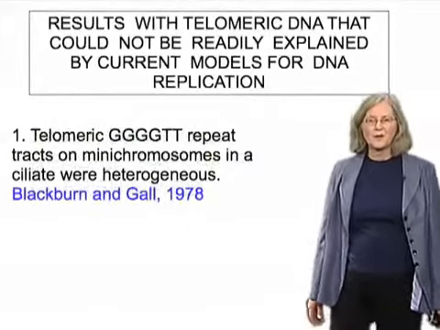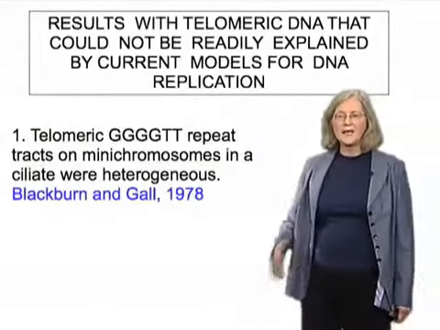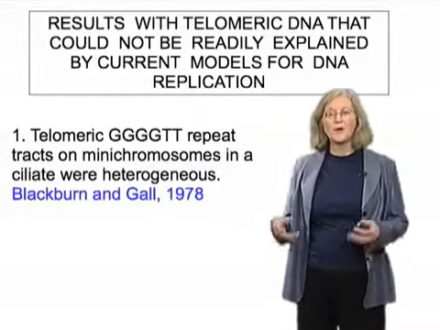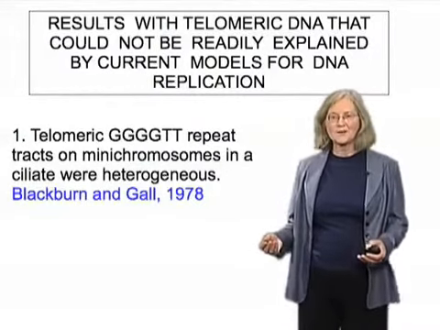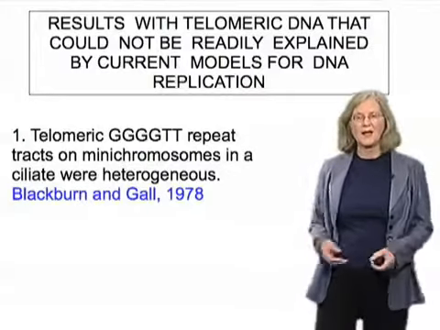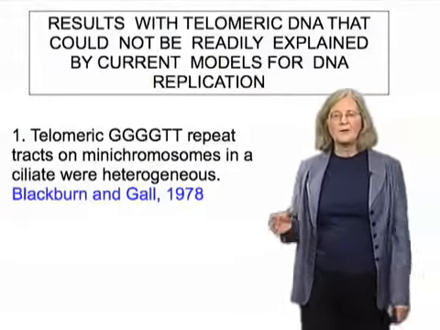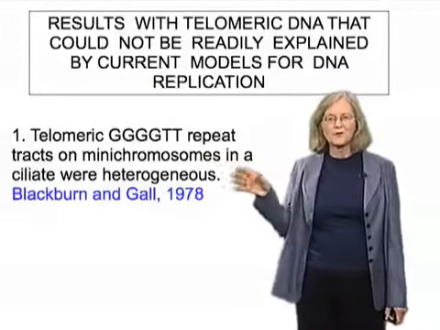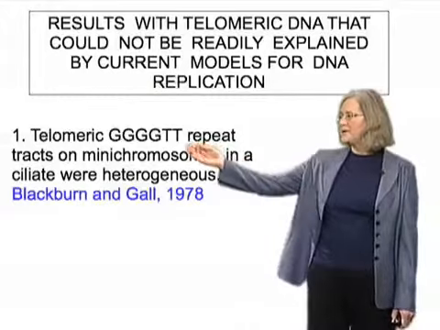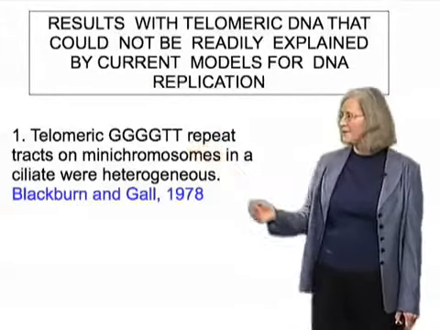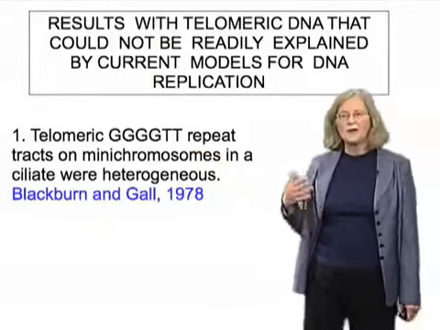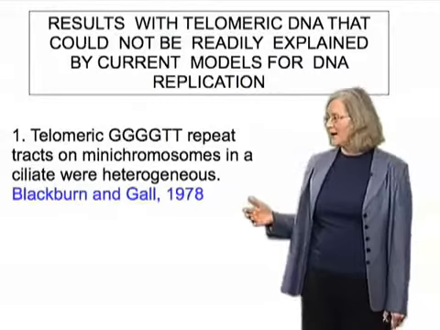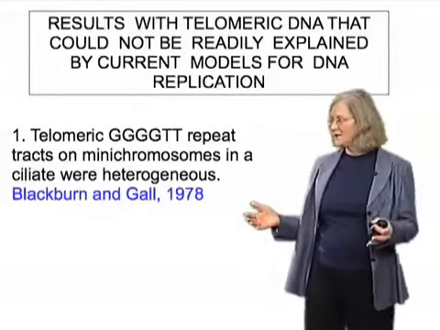Well, the first one was that in the ciliated protozoan Tetrahymena, which has a lot of very small mini chromosomes and is therefore amenable to molecular analyses of its telomeric DNA by direct methods, the telomeric repeat sequences, remember I told you about the sequences repeated over and over at the ends of chromosomes, the repeat sequence in this organism, G4T2 repeats, were heterogeneous in their number in different molecules in a population of otherwise homogeneous cells.